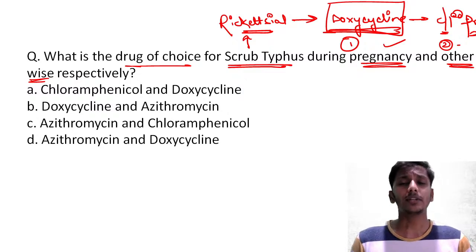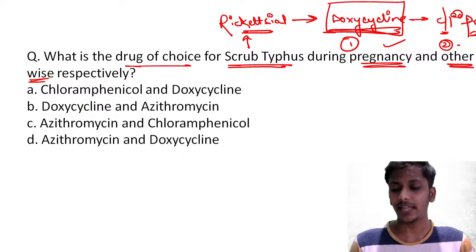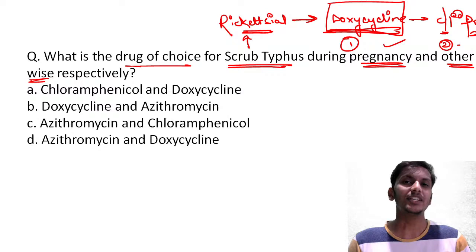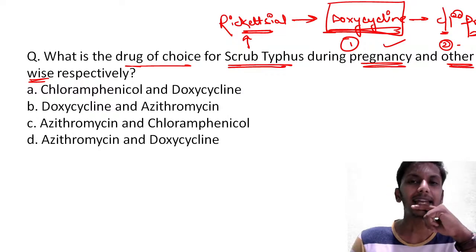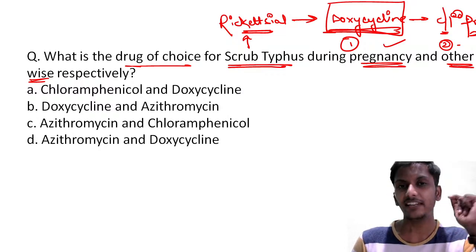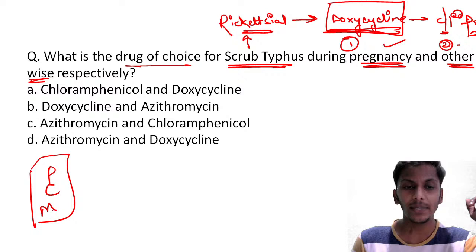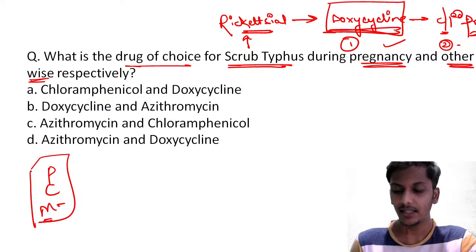So now, what can be an alternative to doxycycline in pregnancy? So please remember, a safer drug which acts by the same mechanism but can be safely given in pregnancy is macrolides. We discussed the mnemonic PCM earlier, where M was for macrolides. PCM are safe in pregnancy: P for penicillin, C for cephalosporins, and M for macrolides.